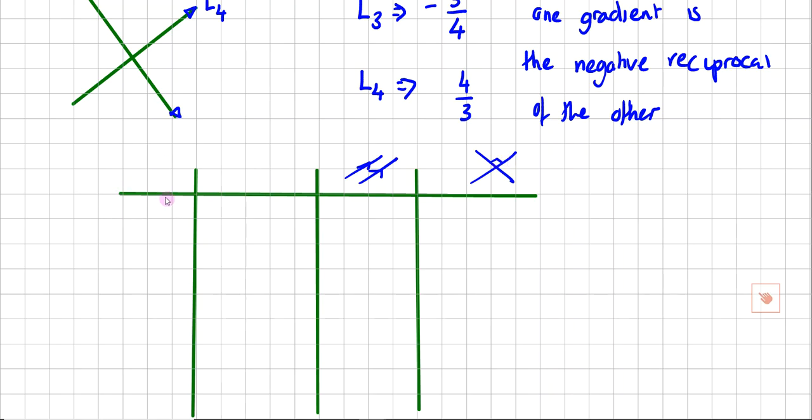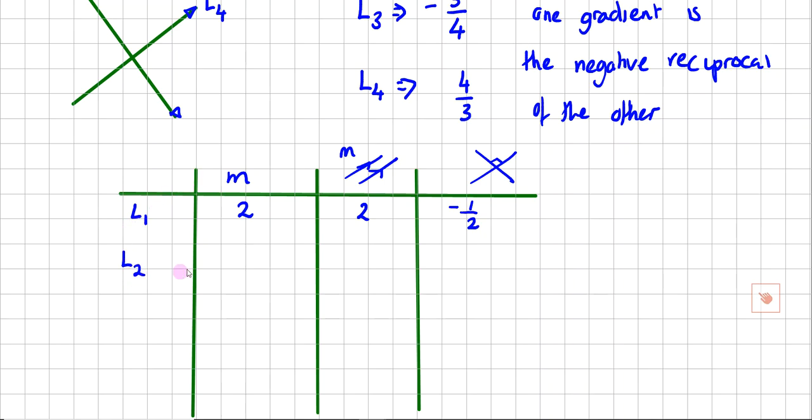So for instance, line L1 has a gradient of 2. The gradient of a parallel line would be 2. The gradient of a perpendicular line would be -1 divided by 2. Okay, there's an example.